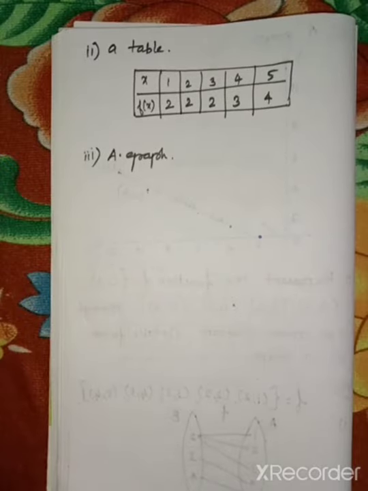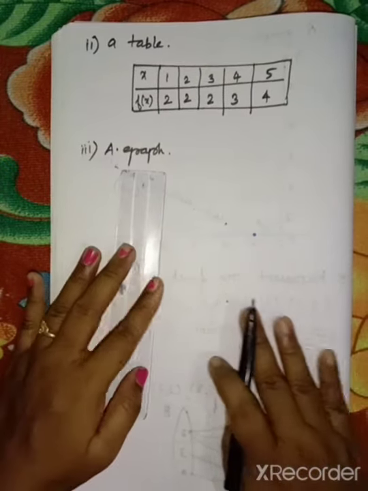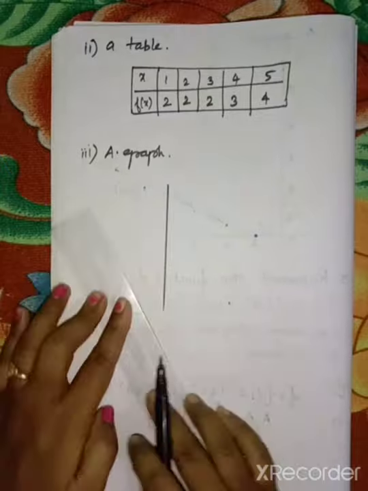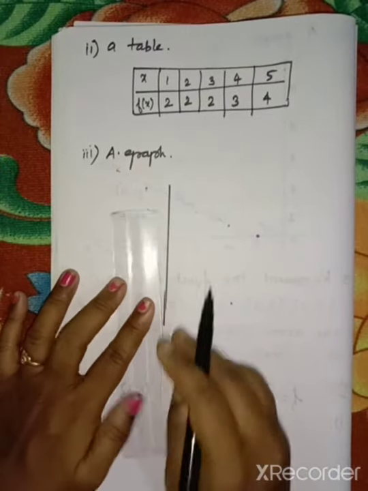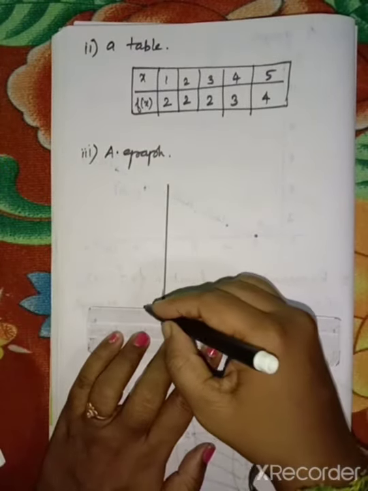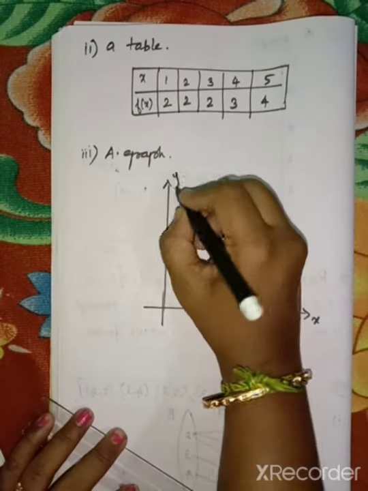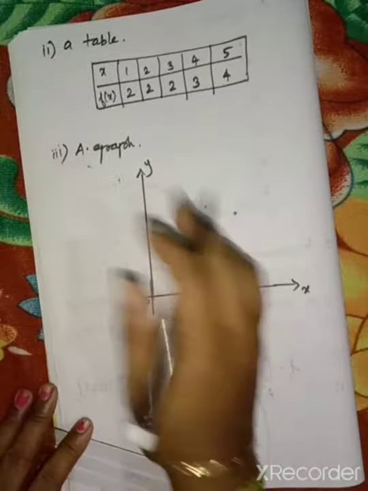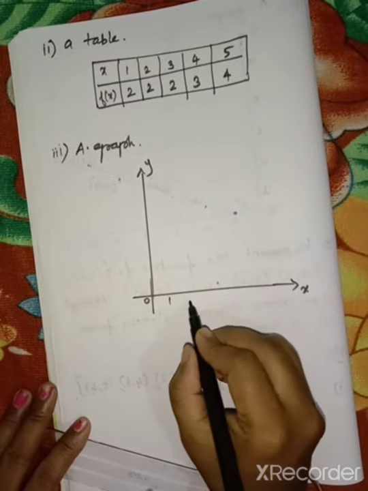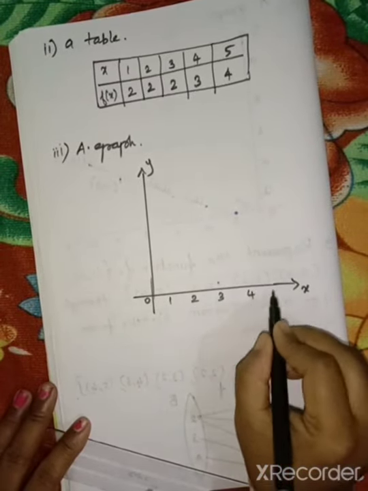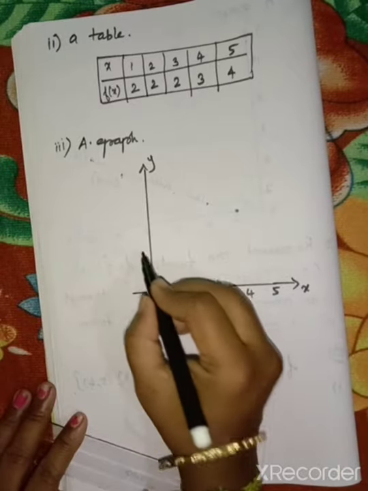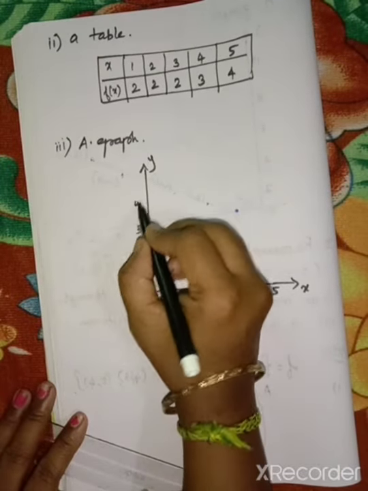For the graph we want to use the scale pencil. Here the axes: x-axis, y-axis, 0. On x we mention 1, 2, 3, 4, 5, and on y also 1, 2, 3, 4, 5.